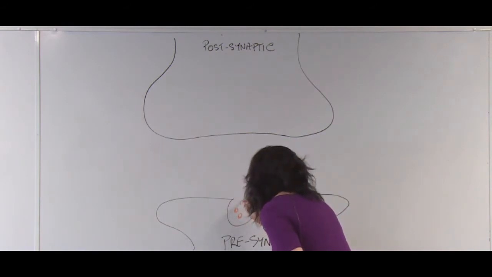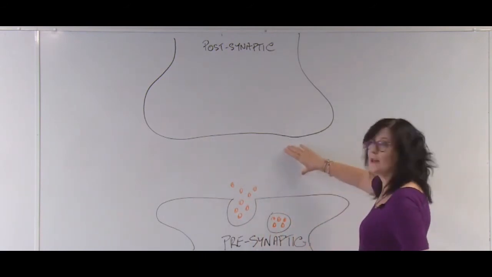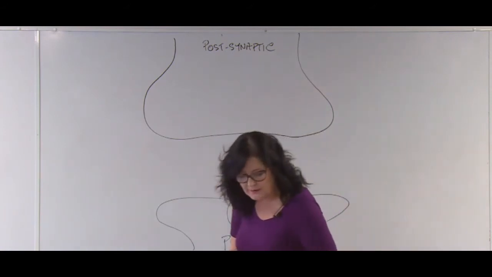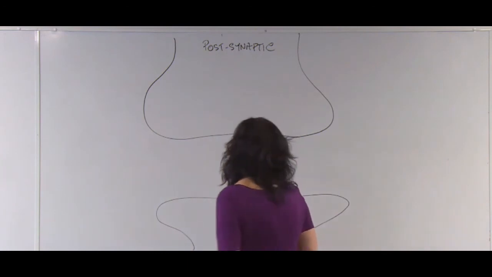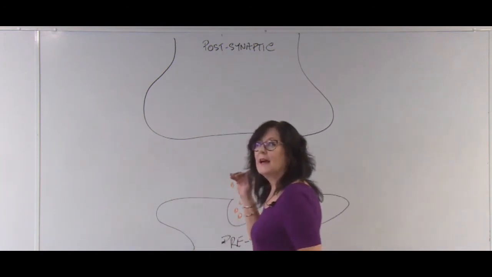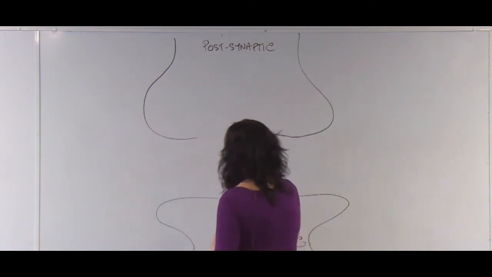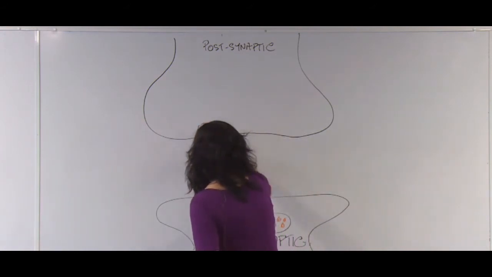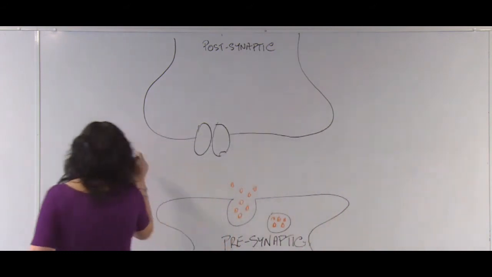There we go, diffusing out into our synaptic cleft. This is our synaptic cleft. Okay, on the postsynaptic membrane, in A delta and C fibers, we have AMPA receptors. So we have channels with a receptor for glutamate. And this is an AMPA.